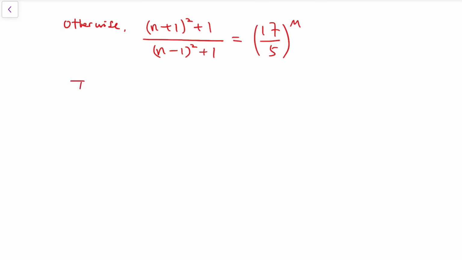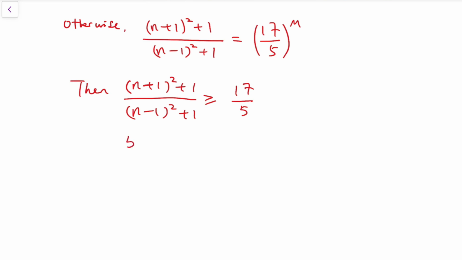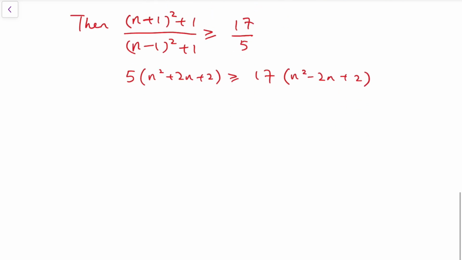So I can say that the fraction at the left is at least 17 over 5, and we have a quadratic. And we have 12n squared minus 44n plus 24 is at most 0.